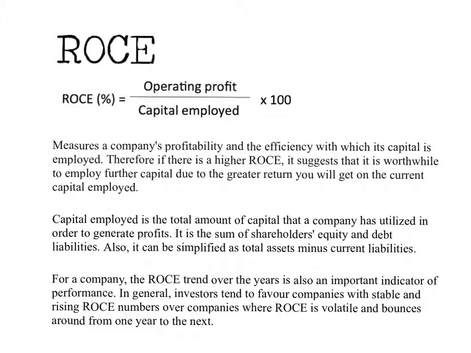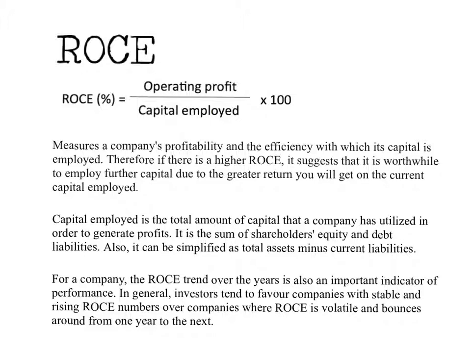The first way you could do it is by getting your total assets, so calculating your current and your non-current assets, and then simply just deduct current liabilities from that. So you do your total assets minus your current liabilities. The second way you could do it is by getting your total equity and then adding it to your non-current liabilities. And both ways should give you your capital employed.